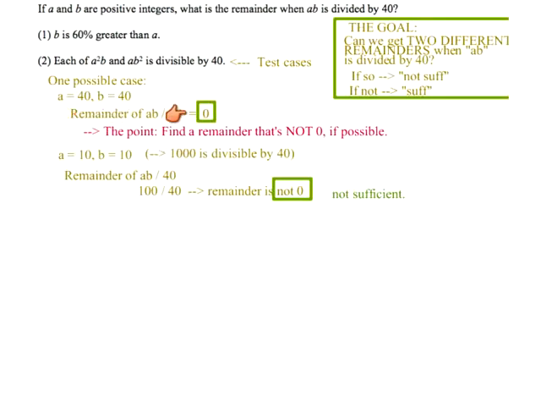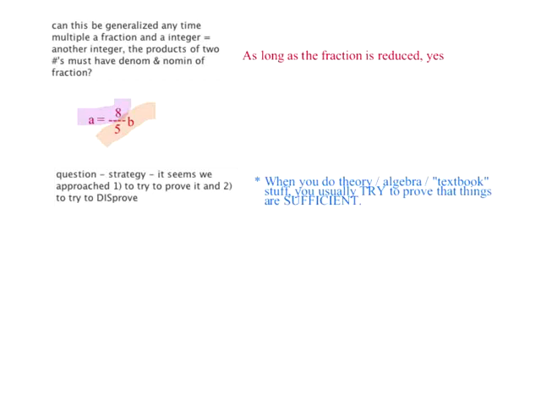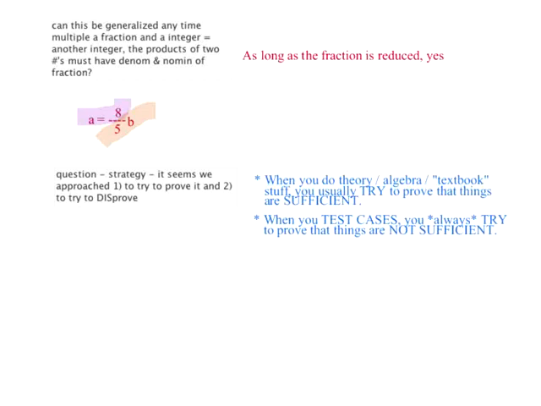But when I'm doing this other one, I got a zero remainder. If I get additional zero remainders, it doesn't help me. The goal is to find the other possibility. That's why these two methods are such good complements to each other, because they have different emphases. When you test cases, you always try to prove that things are not sufficient, because you're trying to see if you can get two different things to happen here.